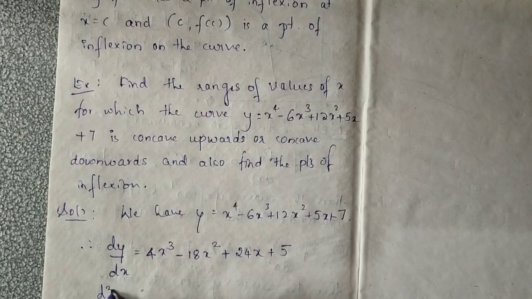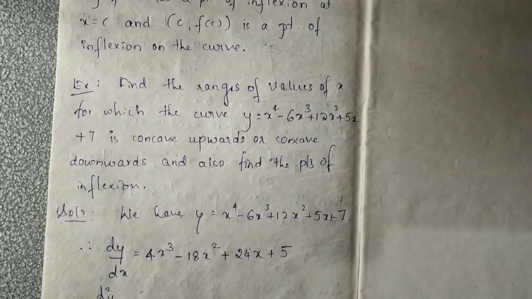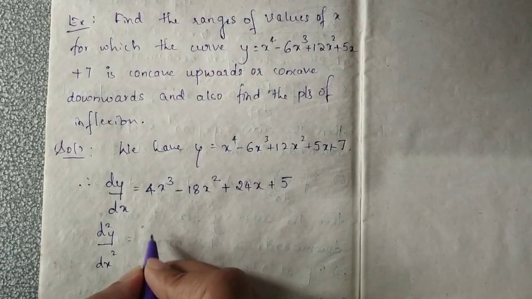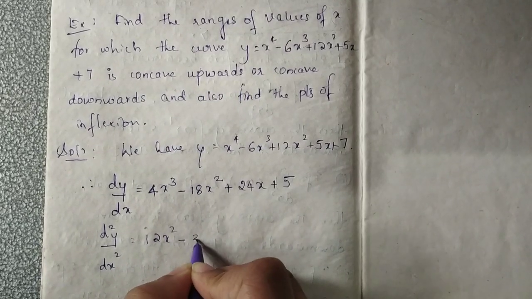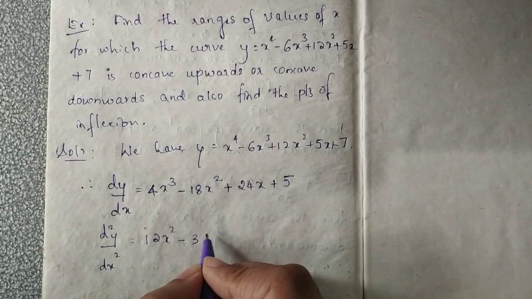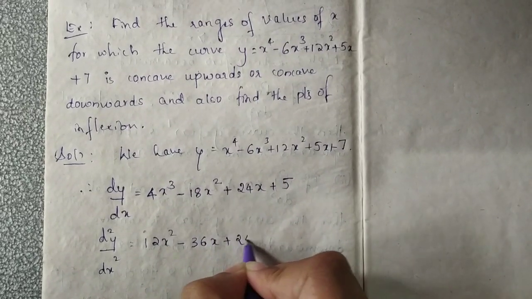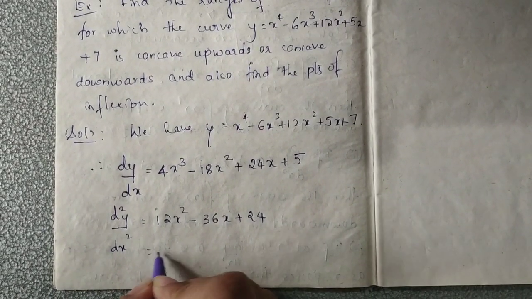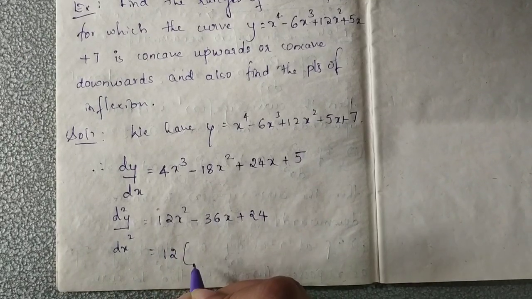Similarly, we need d square y by dx square. So, again derivative of 4x cube is 12x square minus 36x plus 24. Here 12 is common from these three terms.